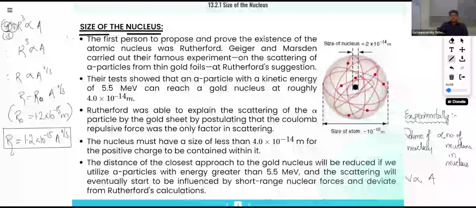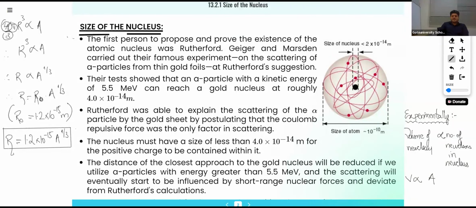Okay, so experimentally, volume is directly proportional to number of nucleons. V is directly proportional to A. In place of V, I will write 4 upon 3 pi r cube, directly proportional to A. After removing this proportionality sign and that constant, you will get R naught. What is R naught? R naught is 1.2 into 10 raised to minus 15 meter.